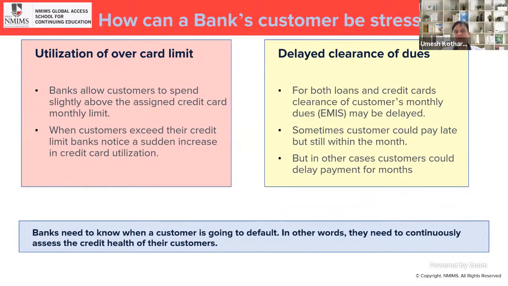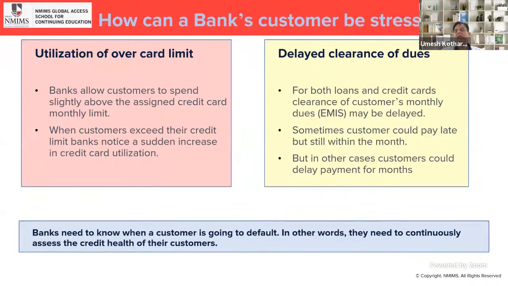There are a lot of people who will just pay the minimum balance and keep moving ahead to avoid the late finance charges, but they pay interest on the unpaid amounts, and therefore they are at risk. That portfolio is at risk, though you're making money from this portfolio, and hence a bank's customer could be stressed based on utilization of the card limits and delayed clearance of dues.